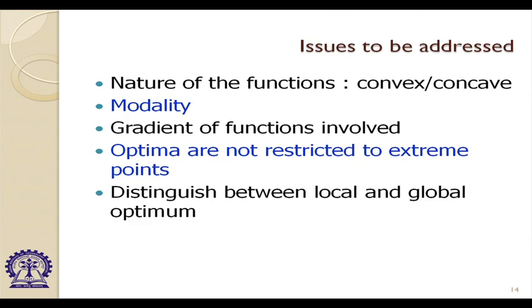There are infinite points at the edge of the feasible space. The extreme points are a finite number, but here we have infinite options. That is why which one will be the optimal solution is very important for us. We need to distinguish between local optimal and global optimal, so you need to know the mathematical definition of this. In the next class I will discuss it.